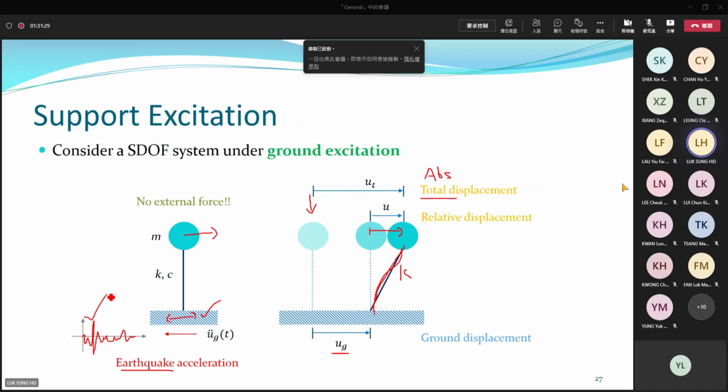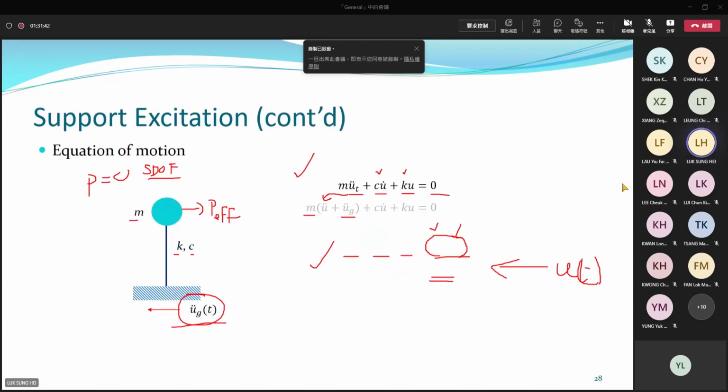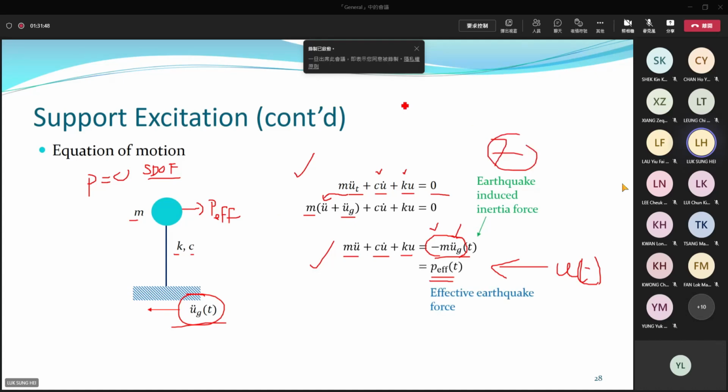Normally, earthquake acceleration is something like random, arbitrary variations. It's not a sine function, it's not a cosine function. So it's quite difficult to find the result u of this single degree of freedom system. In topic 7, I will show you how to handle a system under arbitrary loading using a so-called numerical method. So under all kinds of loadings, we have some way to find the response.